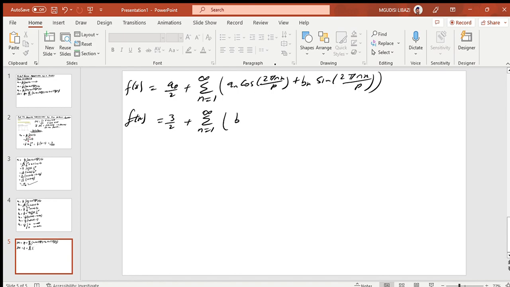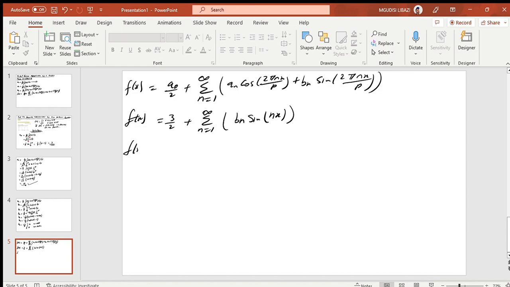We'll be left with bn sine of, and we said the period is 2 pi. When we substitute 2 pi, the 2 pi cancels 2 pi, and we'll be left with nx.